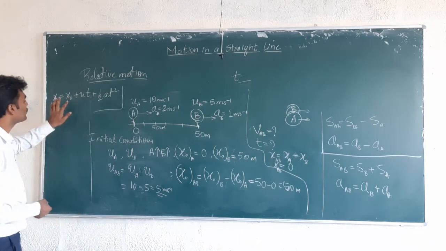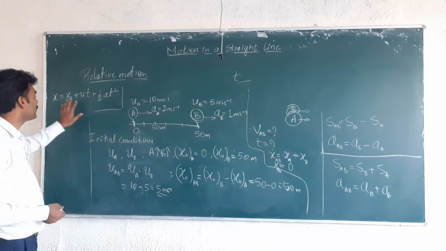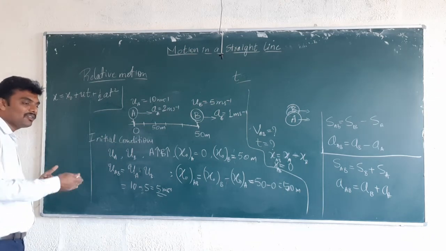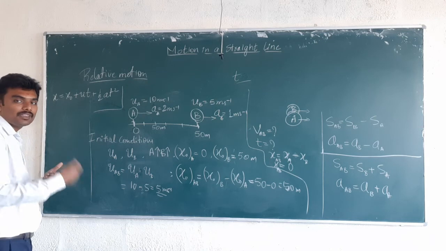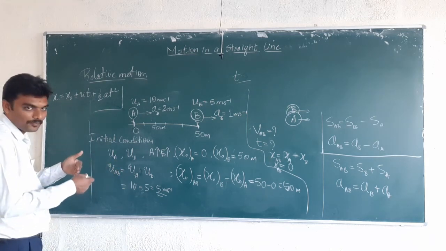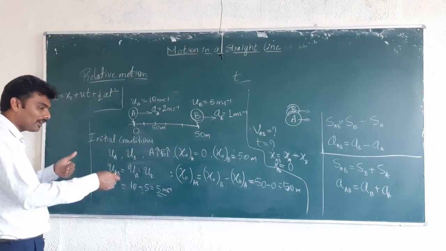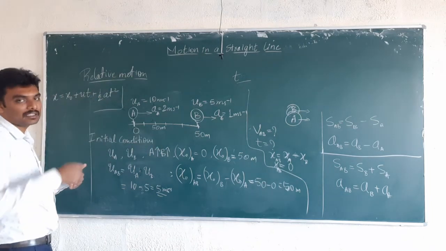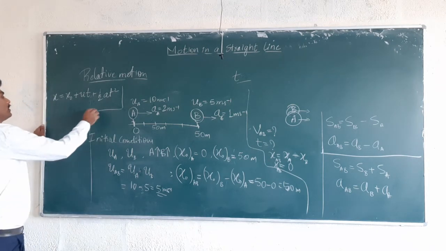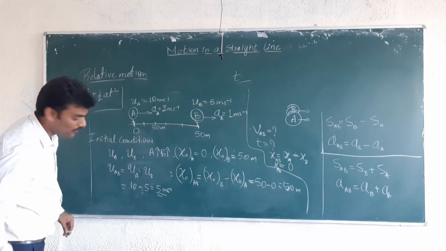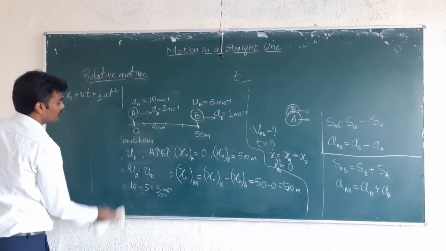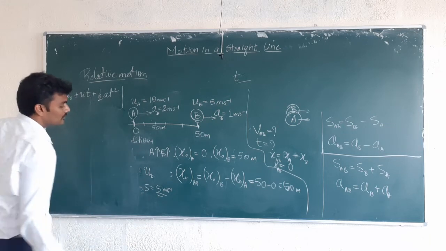So x is equal to x naught plus ut plus half at square is the expression valid when a body moves with an initial position of 50 meter, or x naught meter in general. The body will be x naught meter away, and from that point onwards it will start its motion. They must give the condition. But for the relative case, we can directly take the position situation and try to find the solution.